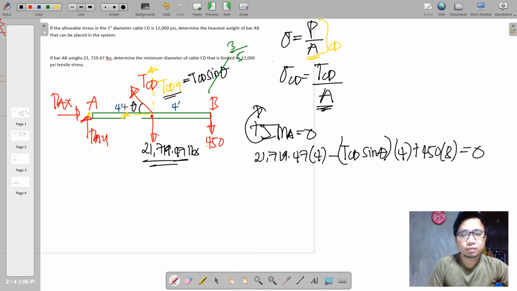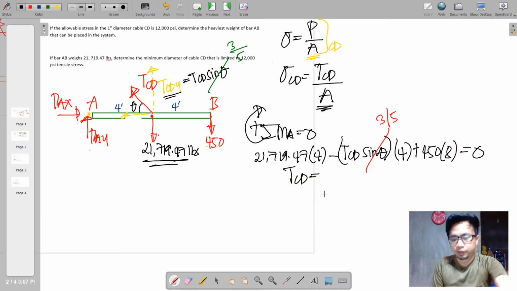Okay, so what can we get here now? Actually, we're getting this TCD. However, sine theta is actually known, equal to 3/5. Okay, so by substituting that, we can have the value for TCD on the equation.